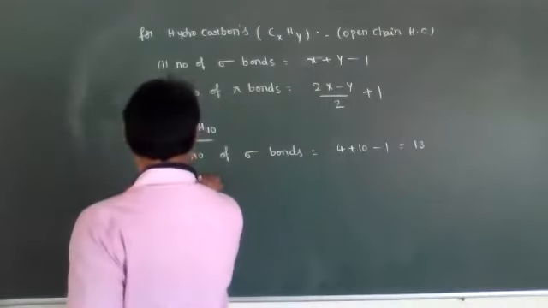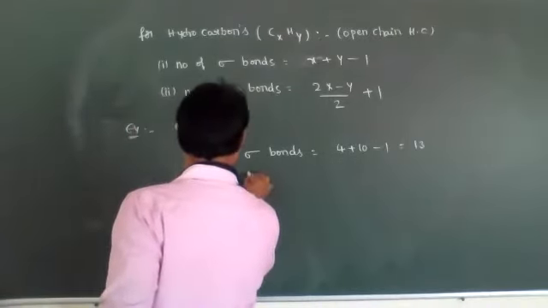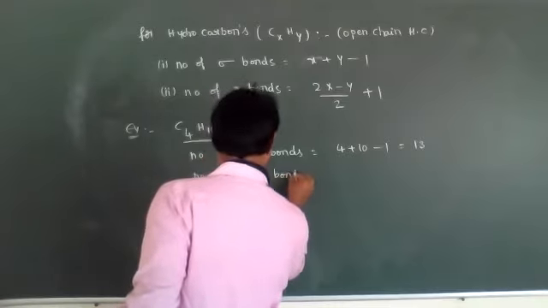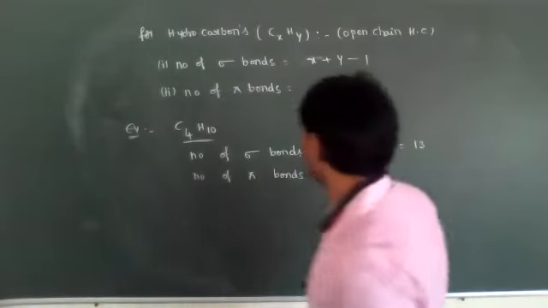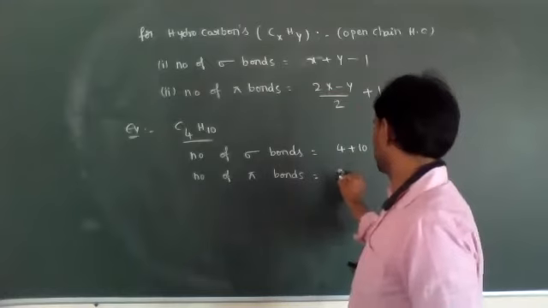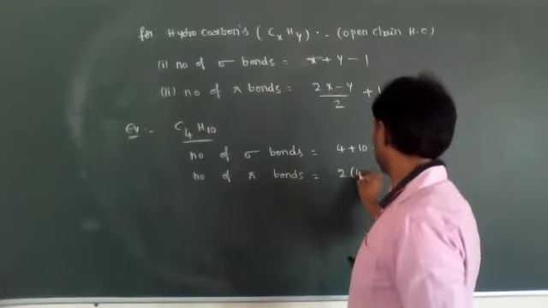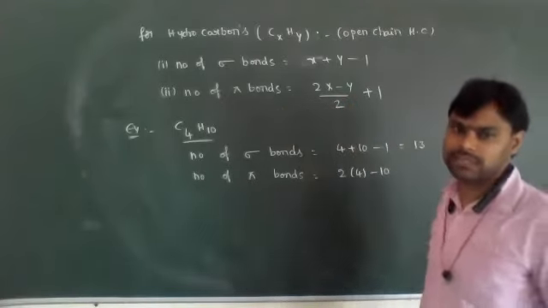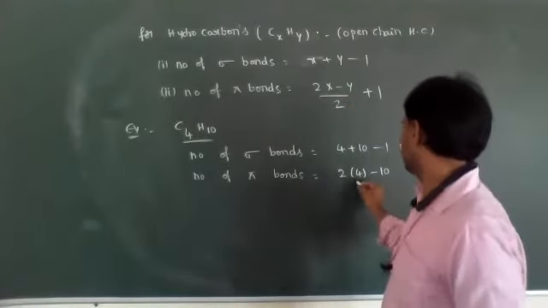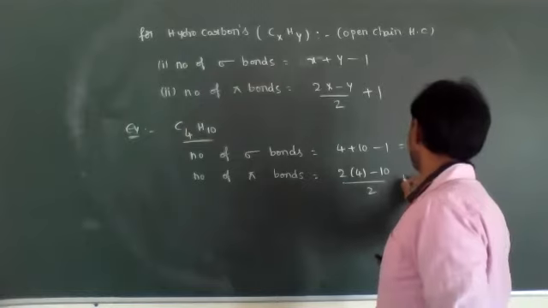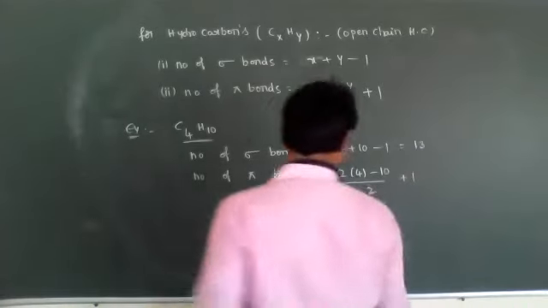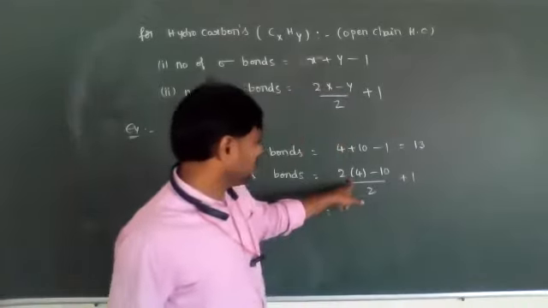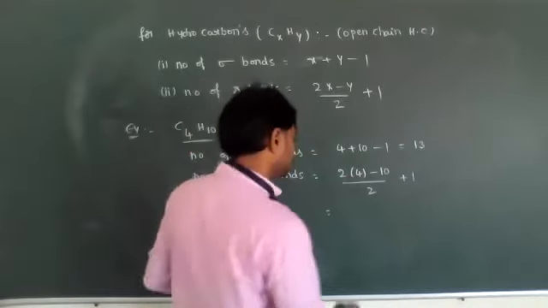Number of pi bonds is equal to (2 into X, 2 into 4, minus Y, where Y is the number of hydrogen atoms, 10) whole by 2 plus 1. 8 minus 10, yes.